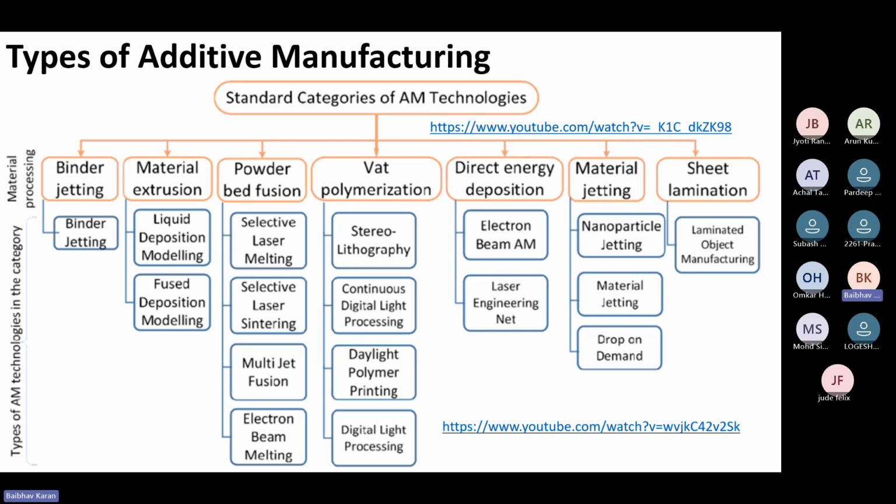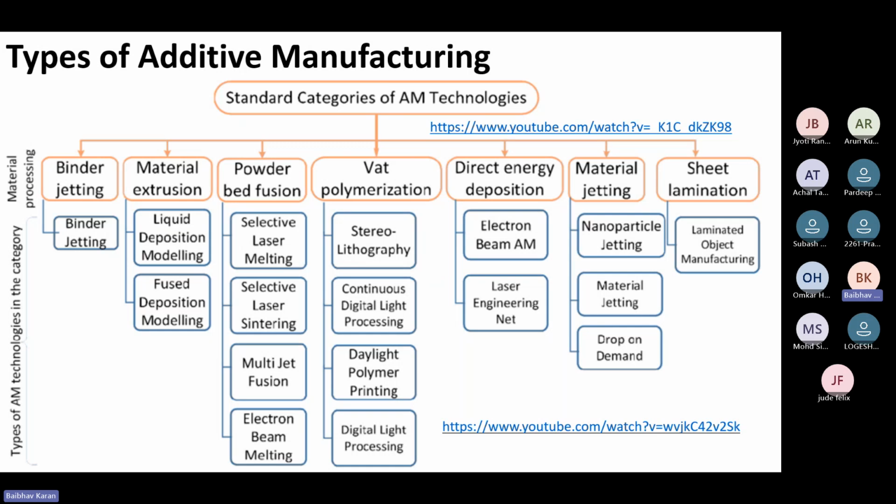Then we got introduced to the different types of additive manufacturing technologies, the seven groups according to the ASTM standard: binder jetting, material extrusion, powder bed fusion, VAT polymerization, directed energy deposition, material jetting, and sheet lamination.